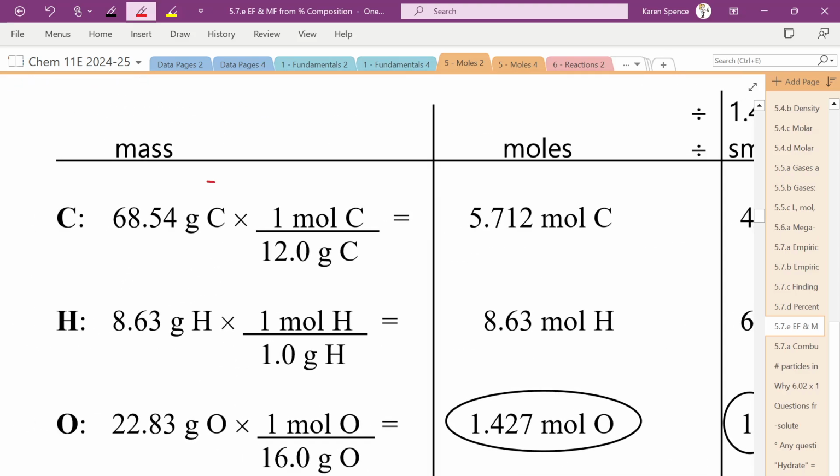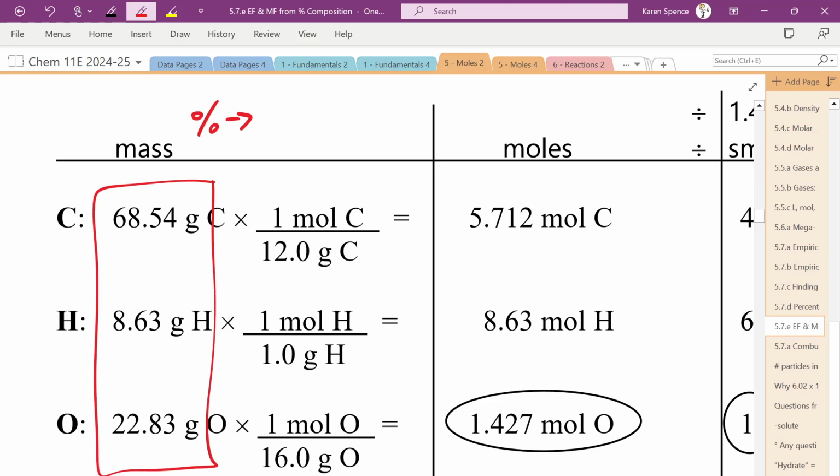So we found the mass, percentages became mass. We take our mass and we convert it into moles. And now that we have moles, what do we do with all those moles? We divide by the smallest. Here's our smallest.